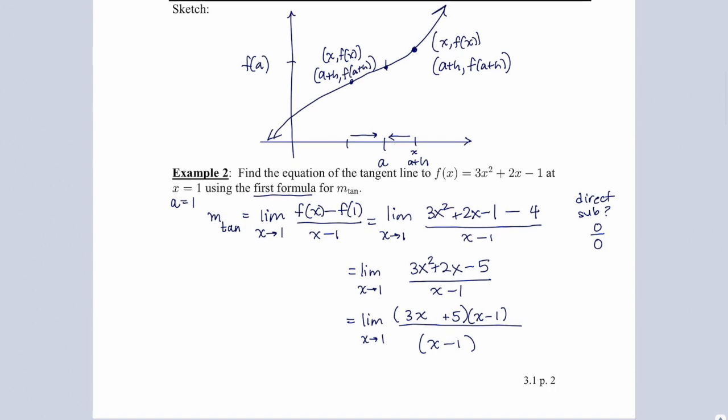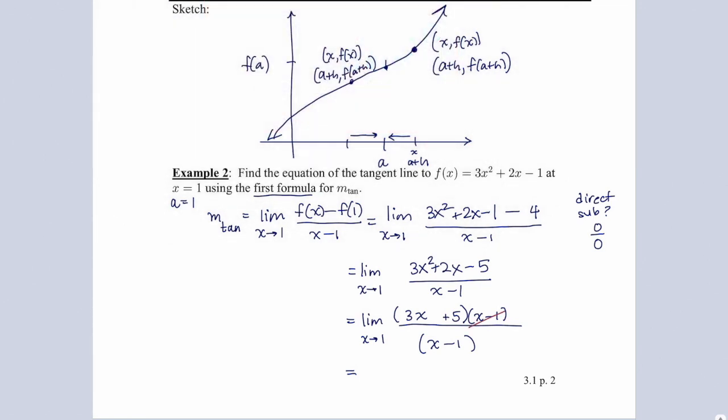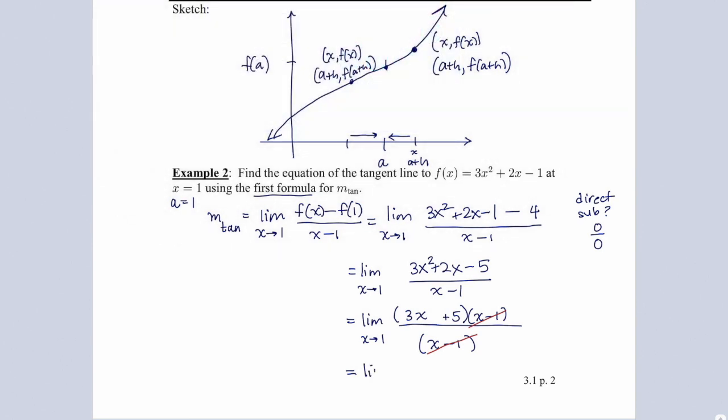And as long as we're looking at the limit as x goes to 1, we're able to simplify this here, because we're only looking at points that are close to 1, not exactly at 1. So this limit will be the same. And now we have a limit which we can evaluate by direct substitution.